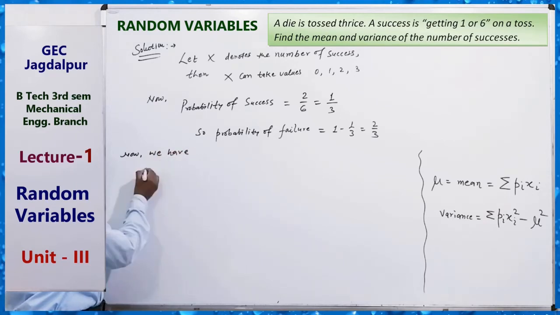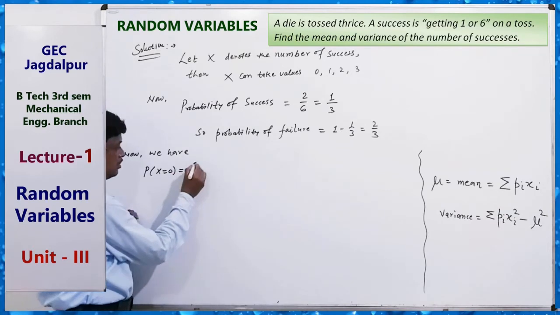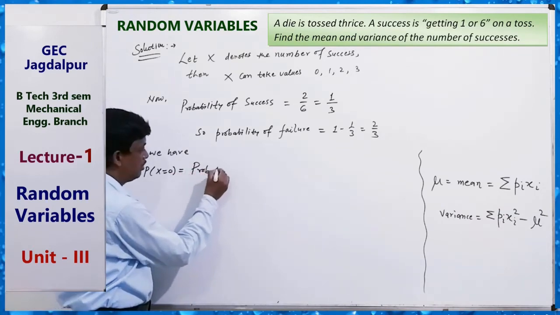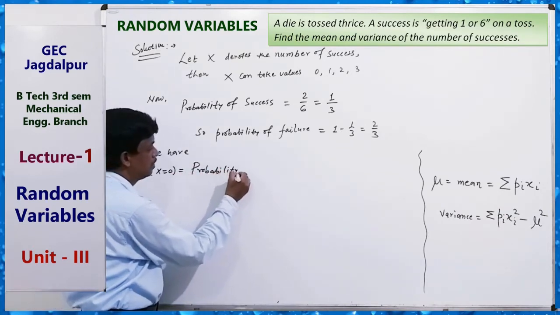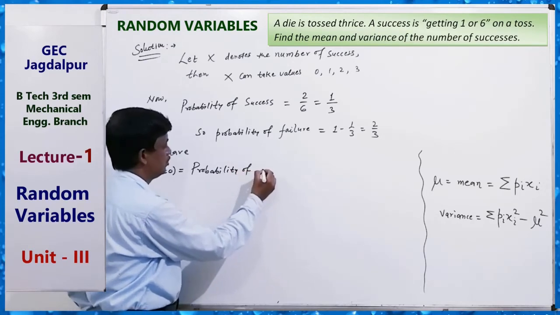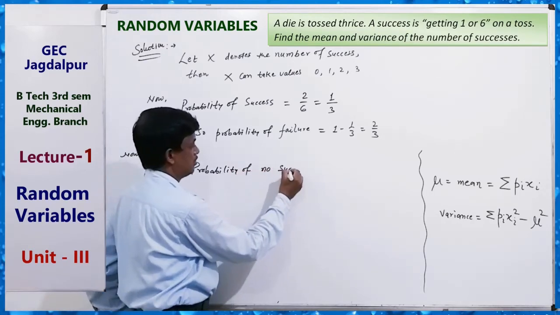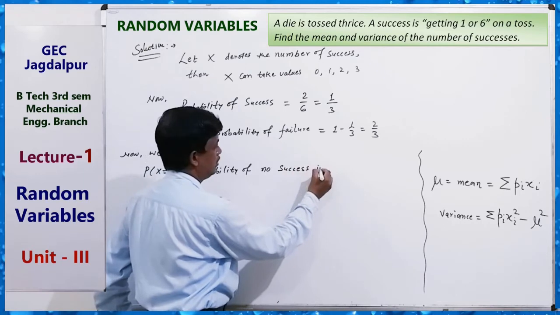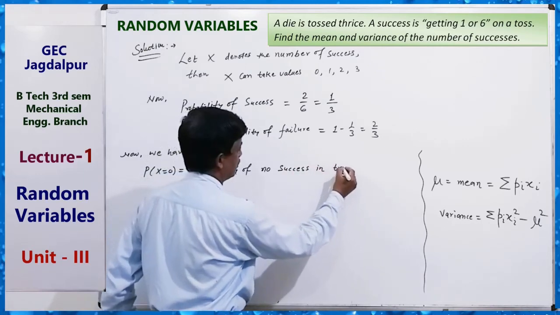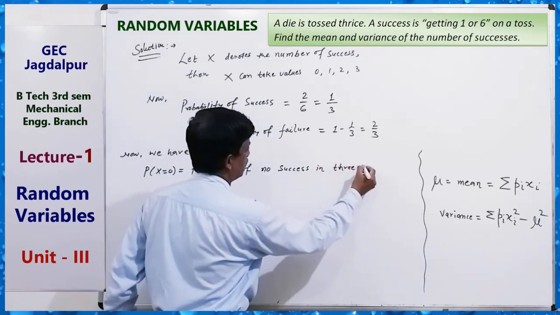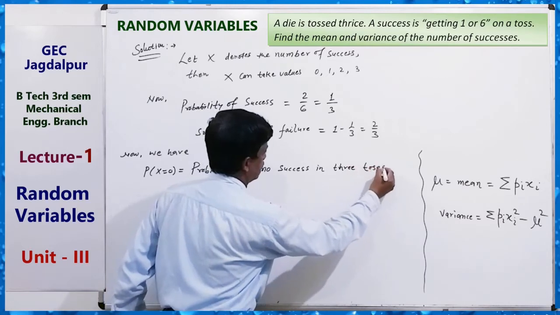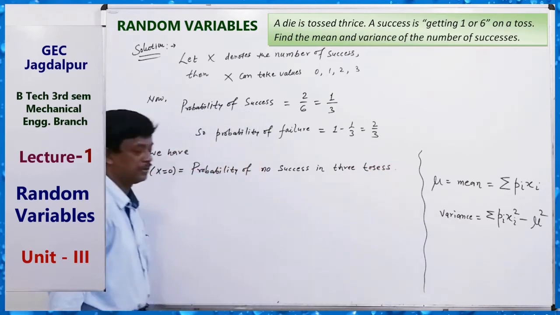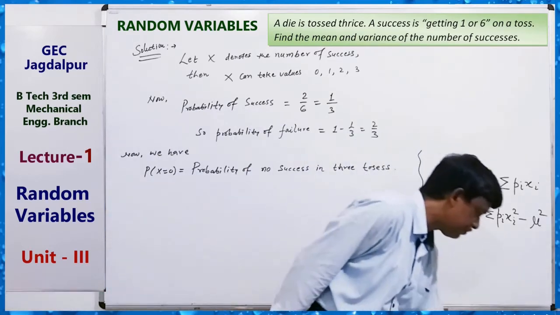Now we have P(x equals 0). That is the probability of no success in 3 tosses.